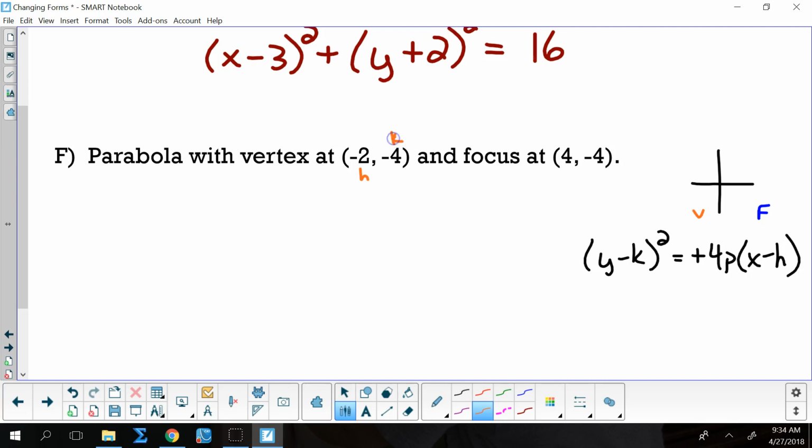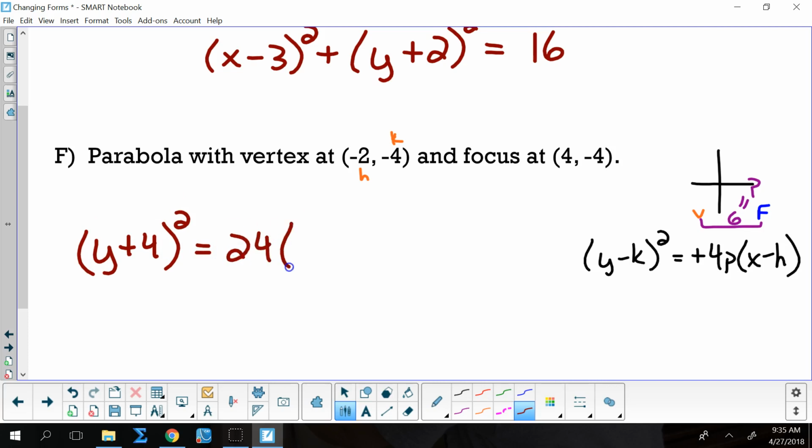Do I know what p is? Because there's a distance here of 6, and that is my p. So this equation is going to be y minus -4, quantity squared, equals 4 times 6, which is 24, times x minus -2.